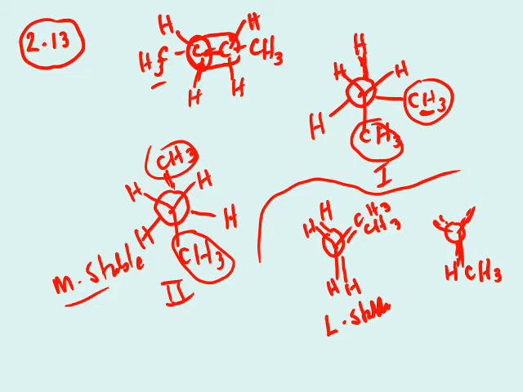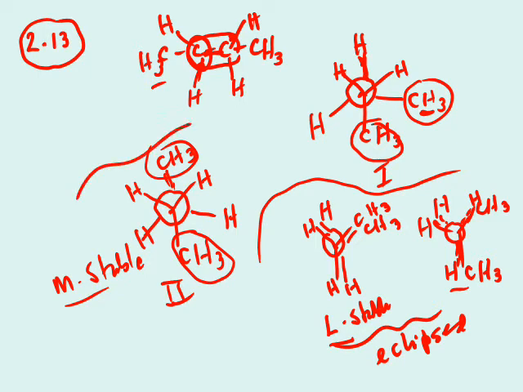So I can put another methyl group here in any one of these other ends, methyl group and hydrogen. Keep in mind they're front and back, and hydrogen and hydrogen. So these two are eclipsed. This one is least stable. This is more stable stability-wise because now methyl is not facing a methyl, rather it's facing a hydrogen. Okay, so these two are eclipsed, and the first two are staggered conformations.